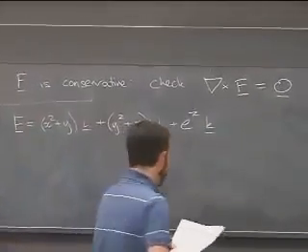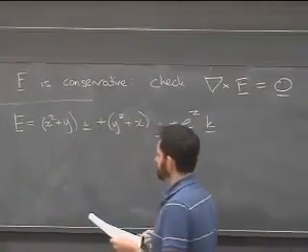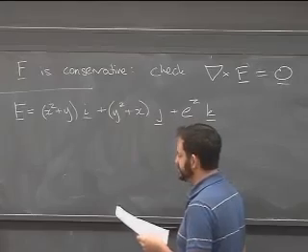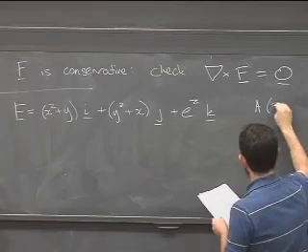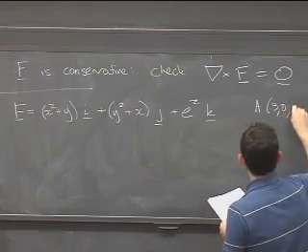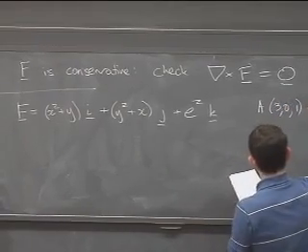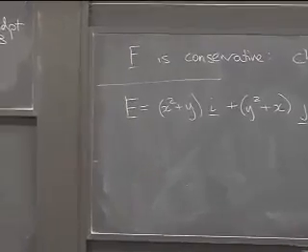And it asked you to show that the work done by this field is the same over any path from A, which was (3, 0, 1), to B, which is (2, 1, 1).